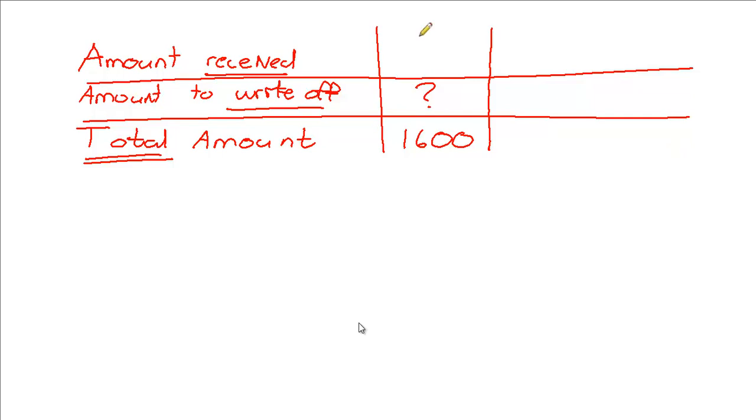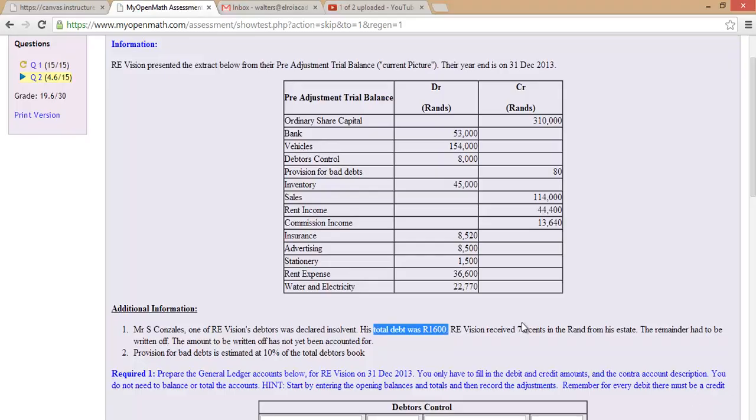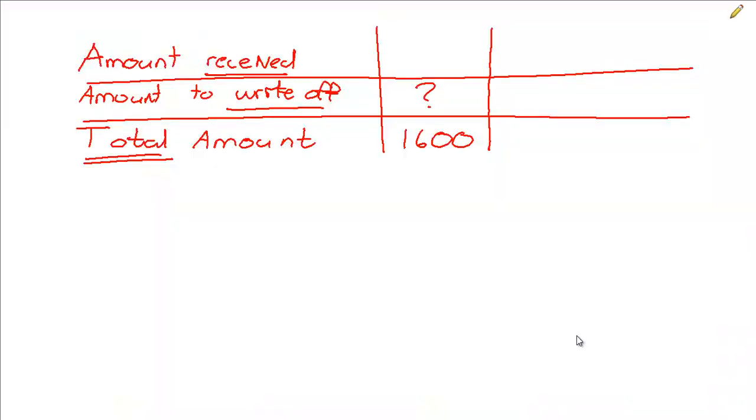The information tells us that RE Vision received 70 cents in the rand from his estate. That means we are going to receive 70 cents for every 100 cents that Mr. Gonzalez owed. The question is, what is the amount to be written off?